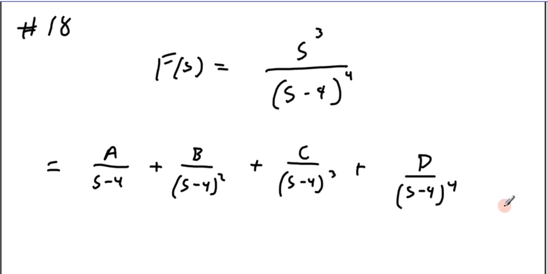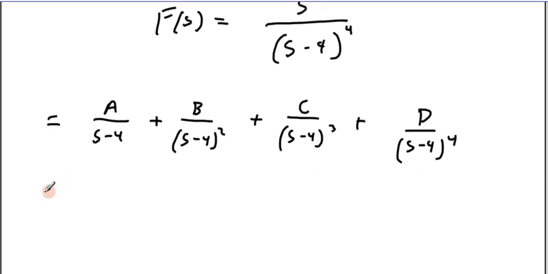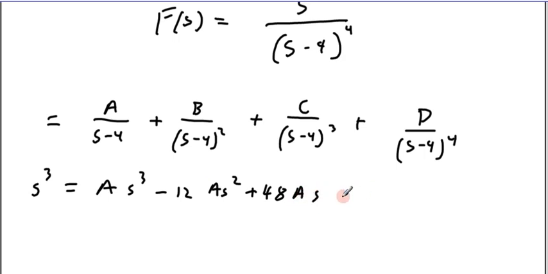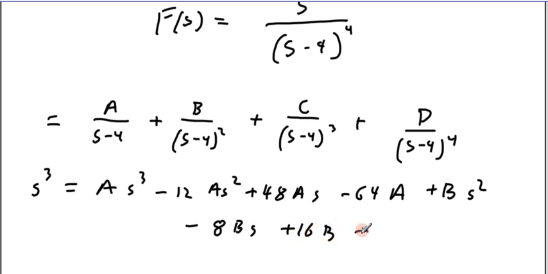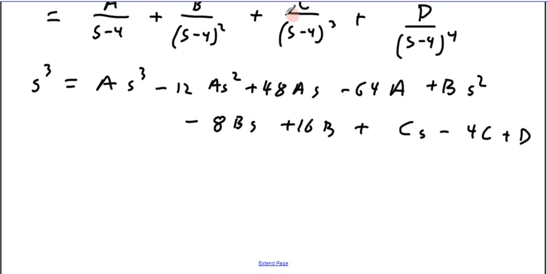Isn't that just lovely? And then my numerator is going to be s cubed is equal to A s cubed minus 12A s squared plus 48As minus 64A plus B s squared minus 8Bs plus 16B plus Cs minus 4C plus D. At least the last guys are relatively easy to get.